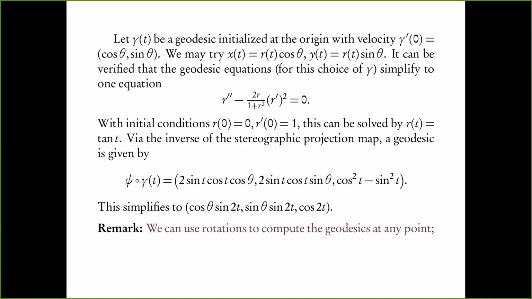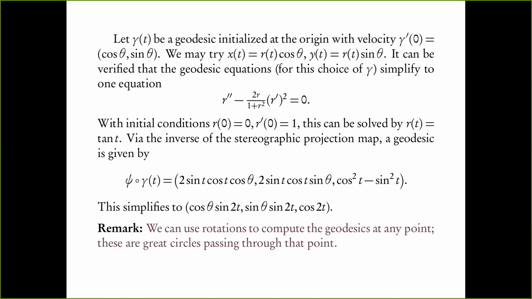If you take a geodesic and apply a rotation, that is also a geodesic, which means if I know the geodesics emanating at (0,0,1), I know the geodesics at any other point by rotating. A rotation maps circles to circles, so all the geodesics on the sphere are going to be great circles. Because the rotation acts transitively on S², you can determine the geodesics at any point from the geodesics at one point. In this case, we just did it for (0,0,1).